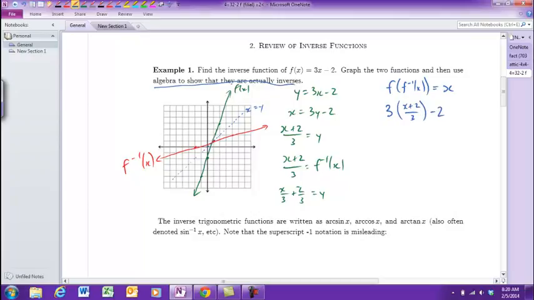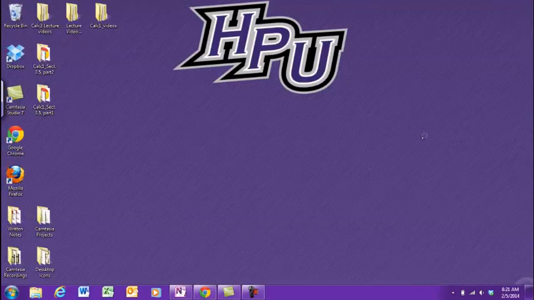And then the minus 2, actually I should write it like this. f of f inverse of x is equal to 3 times x plus 2 over 3 minus 2. And I can cancel these 3's.